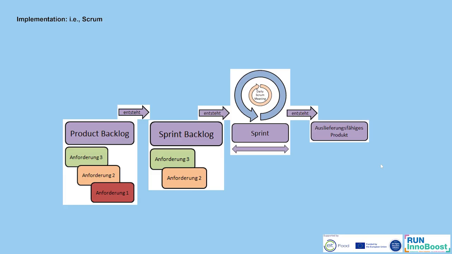In the sprint backlog, you choose the most important requirements to implement the product or service. For example, in an IT project, you first specify the infrastructure, then the hardware, the software, and so on.